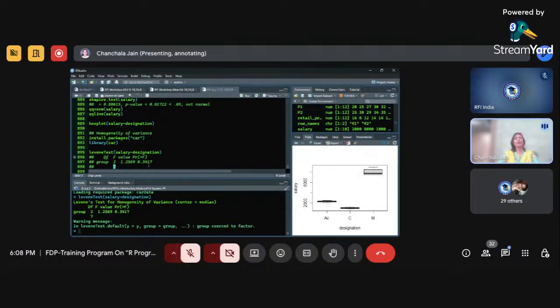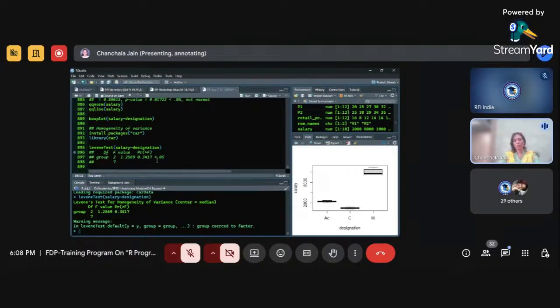Right. Now you can see Levene's test is always represented by capital letter F, right? Here you need to only pay attention to the probability value, which is this, right? So this is greater than 0.05. Yes or no? Fine, clear to everyone? Yes, ma'am. So if it is clear, that means I need to write the hypothesis here.